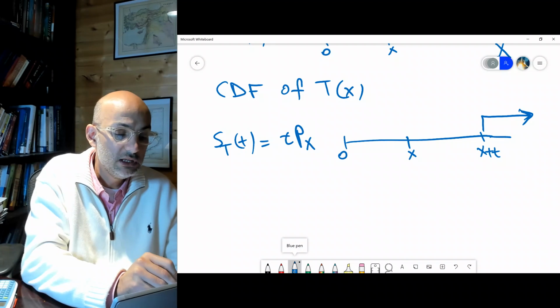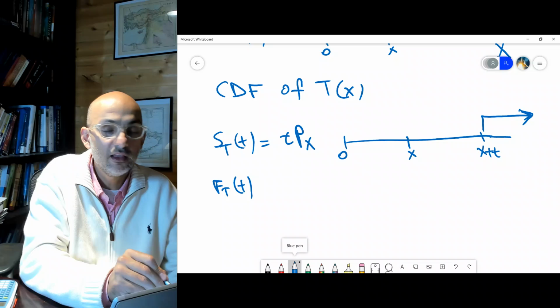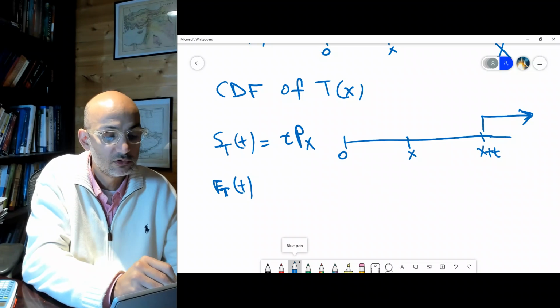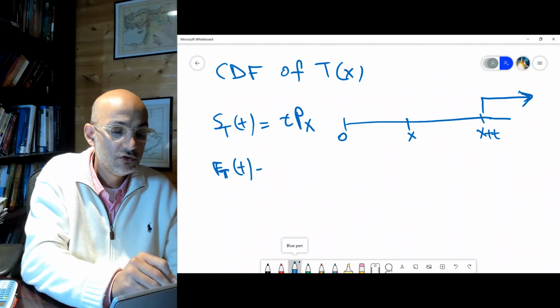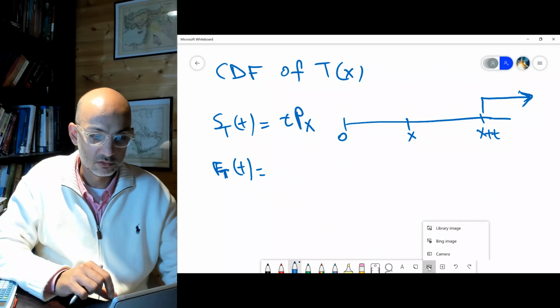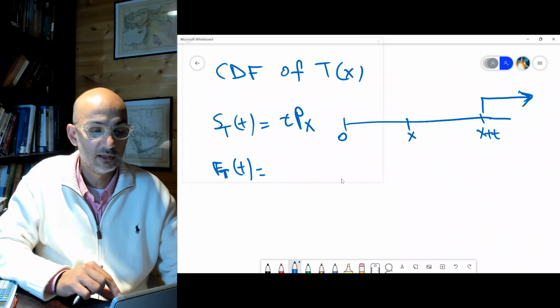Now we need f of t. Now it's not f of x, it's f of T of x. I just put T here to remind us we're talking about T of x, not f of x, right? The new notation here, let me also include it as a picture, so you don't get confused by my handwriting. At least you see it the first time, and then you know what I'm talking about.